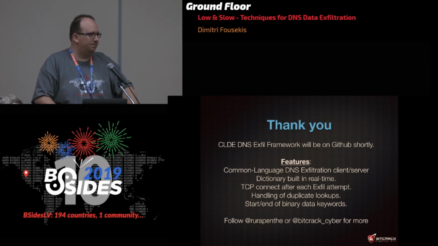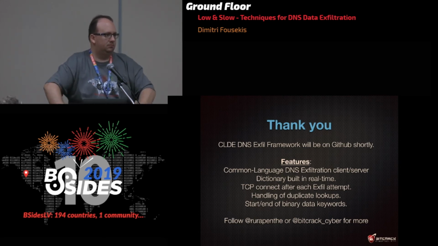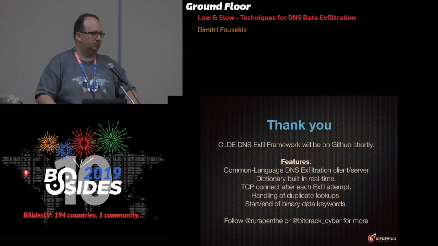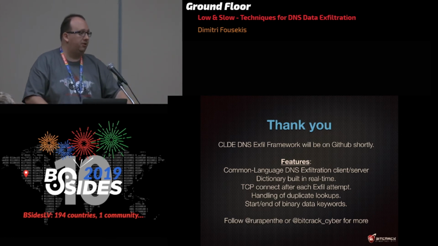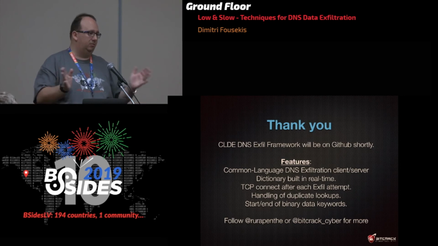I was just curious about the lookup table of words. Can you have different lookup tables every 20 characters, or every five characters, so that you get a much more random distribution of domain names? Yeah, you can extend it. You can make it as long or as short as you want. You can randomly select within the file.